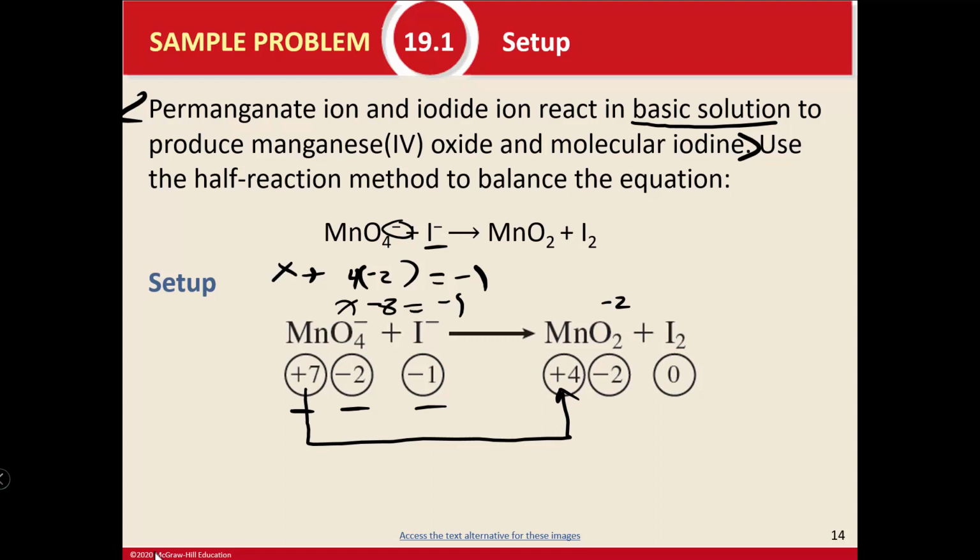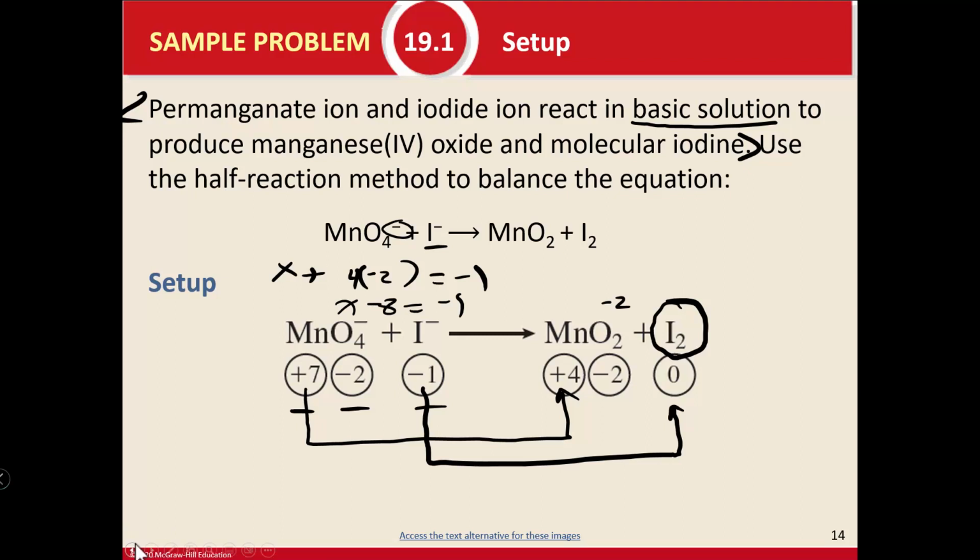And what's been oxidized, the iodide ion has now become diatomic or molecular iodine, which is a free molecule of iodine, which has an oxidation state of 0. So manganese has been reduced, the iodide ion has been oxidized, and so we're ready to break this apart into its two half reactions.